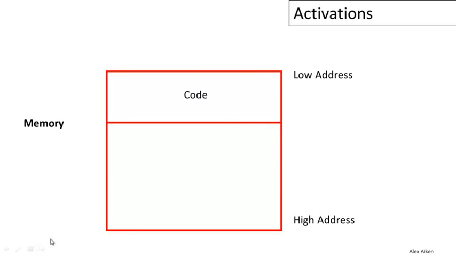And one of the important structures that goes there is the stack of activations. Typically, this would start after the code area, and the stack would grow towards the other end of the memory space of the program. The stack will grow when procedures are called, and it will shrink when procedures return. And as we'll see, there are other things that go in this data area that we are going to be discussing in the upcoming videos.